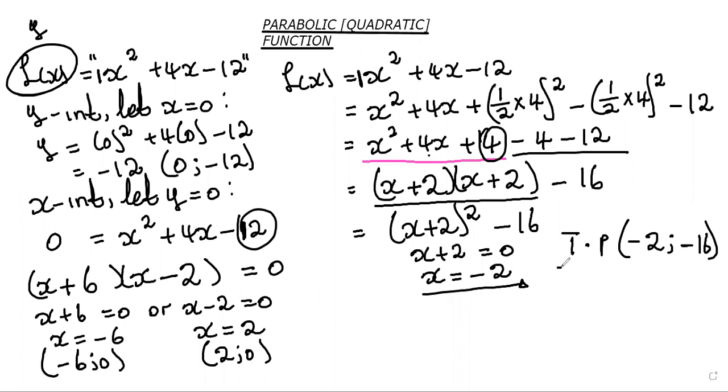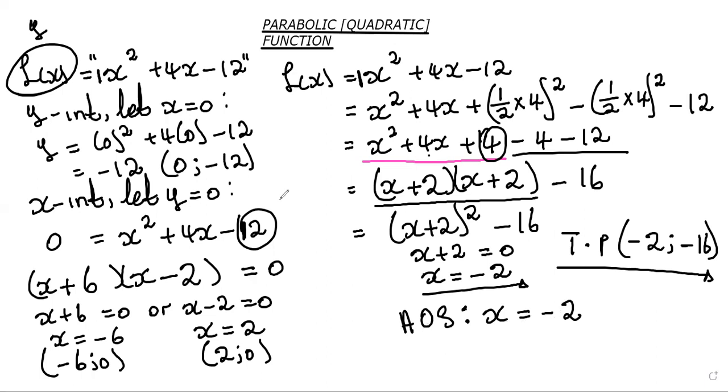So after finding the coordinates of the turning point, what is left is to find the equation of the axis of symmetry. So remember what I said to you. I said the axis of symmetry passes through the x coordinate of the turning point. And therefore, its equation is just going to be x equals negative 2.